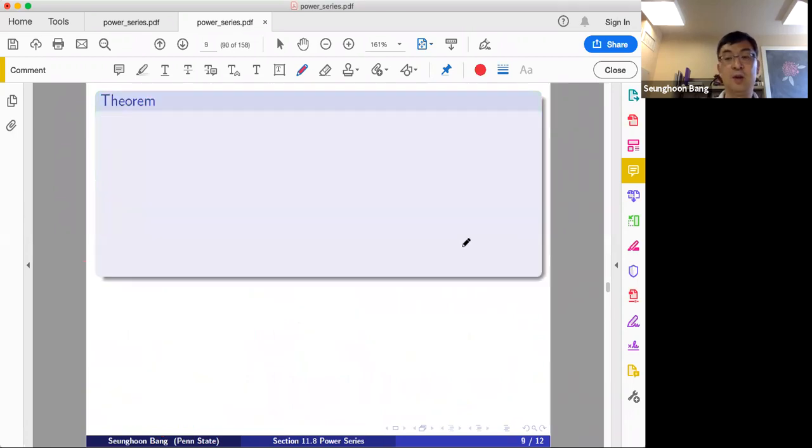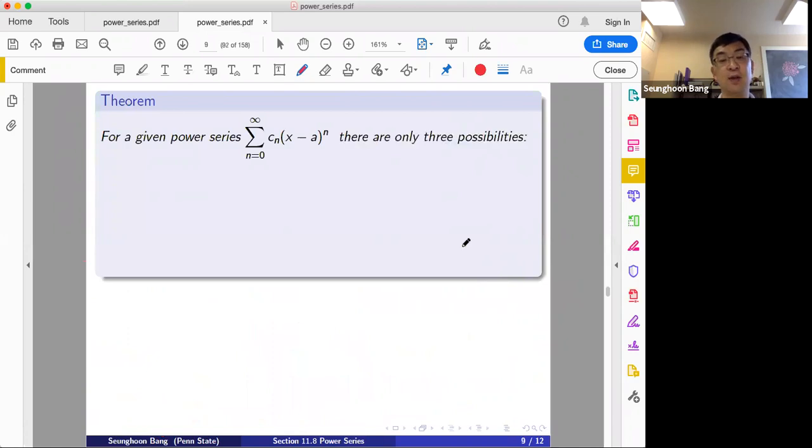The next one, the theorem. From the previous three examples, we have this theorem. For a given power series, the summation from n equals 0 to infinity of c_n times (x minus a) to the power n, there are only three possibilities.